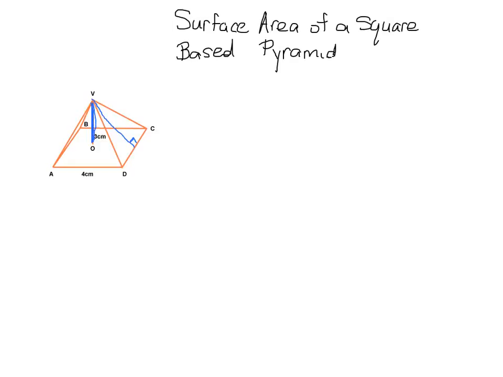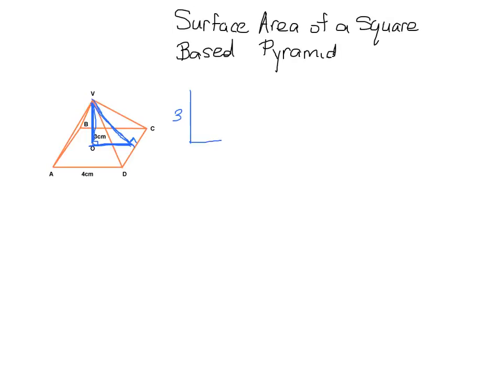That's 3. We can easily figure out this length because it's half of the length of the square. In this case, it's 2. And then the hypotenuse of that imaginary triangle that I just drew would give us the height of the triangle we actually need.